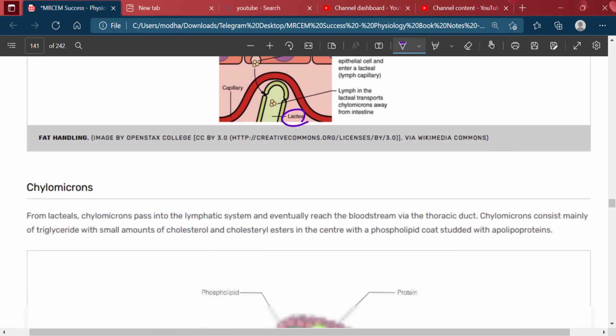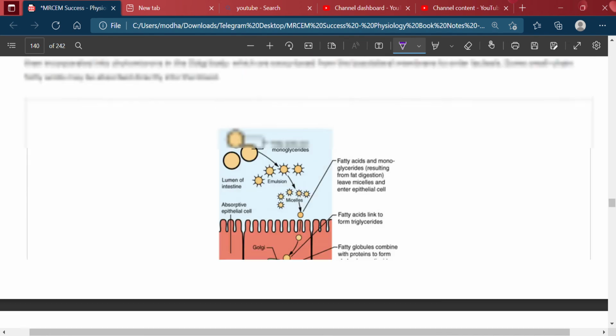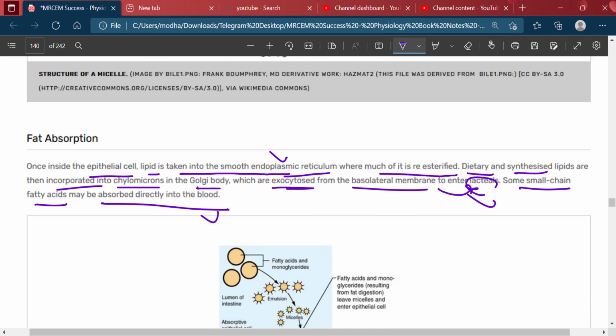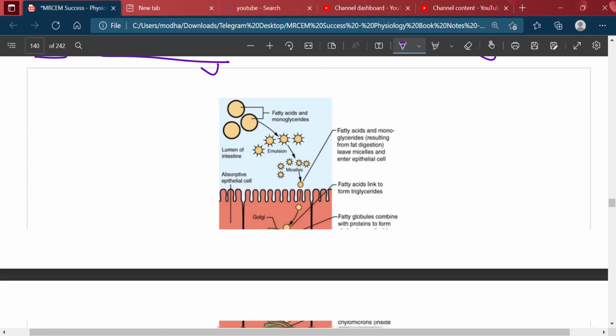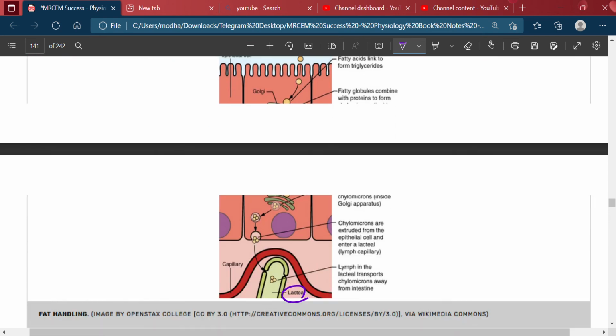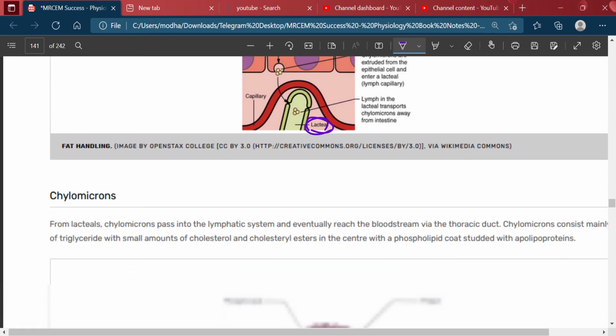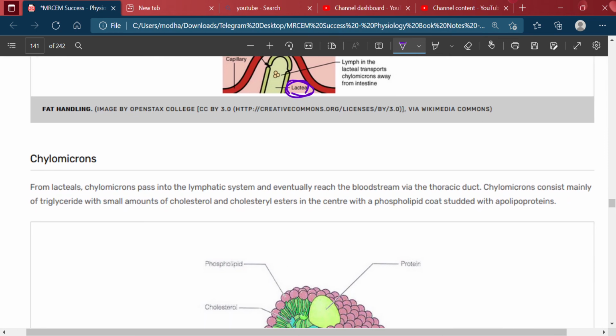Then chylomicrons from lacteals, as we have seen here, from the basolateral membrane to enter the lacteals. From here, the Golgi apparatus will form the chylomicrons.